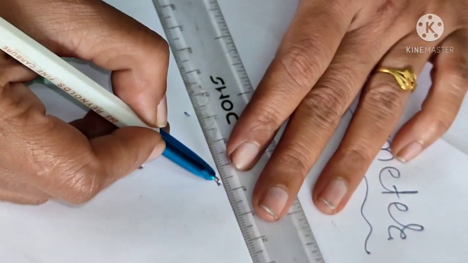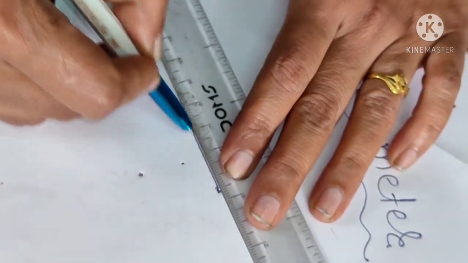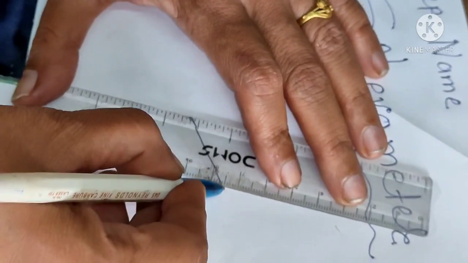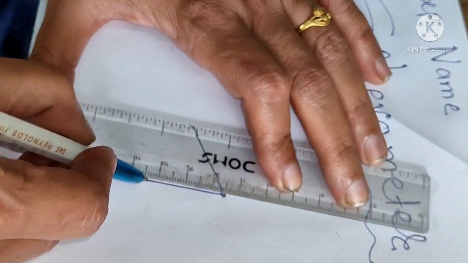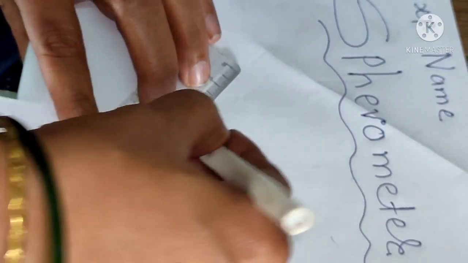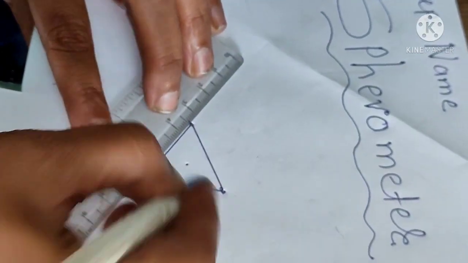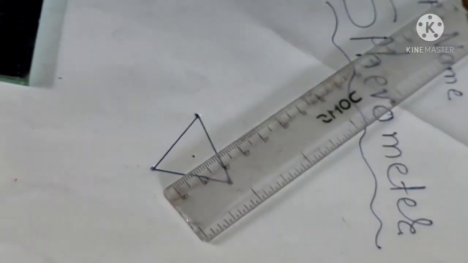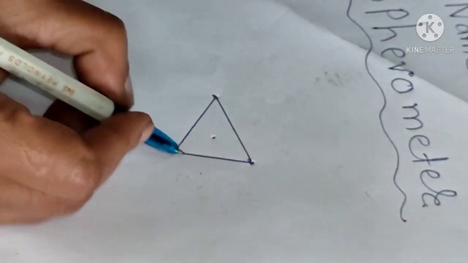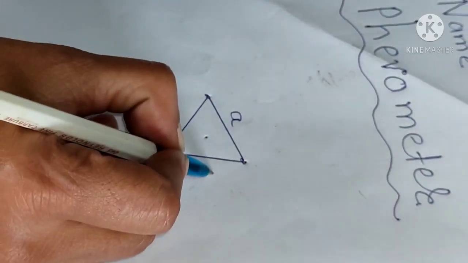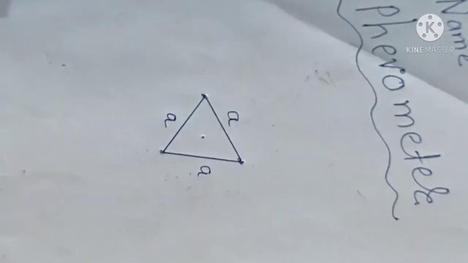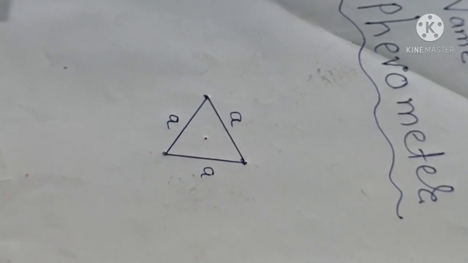Now we'll join these 3 points. This is your triangular shape, and the sides of this triangle are known as A. Clear? Now how much is the side?